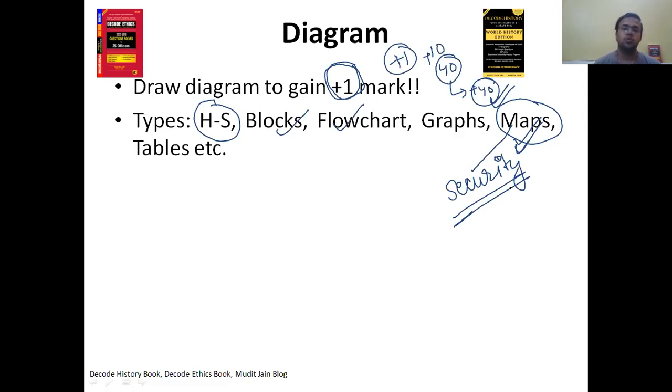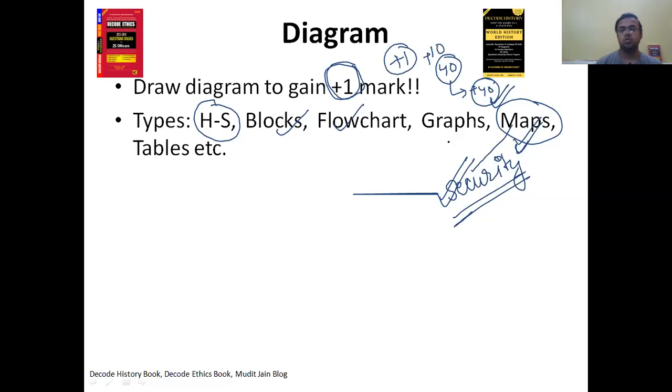So what is more important is to realize it, to ingrain it in yourself. I have never drawn a map myself in a security question or even in an environment question. But then as you read the questions, you will yourself realize that it was so easy for you to draw a map in this question.